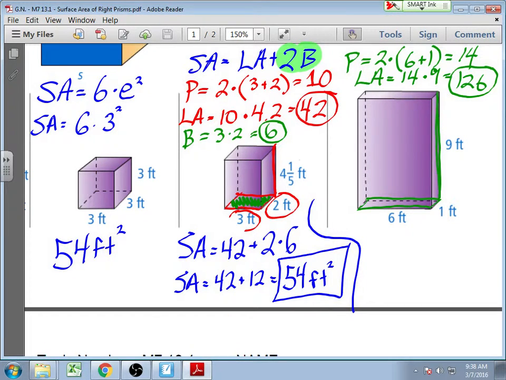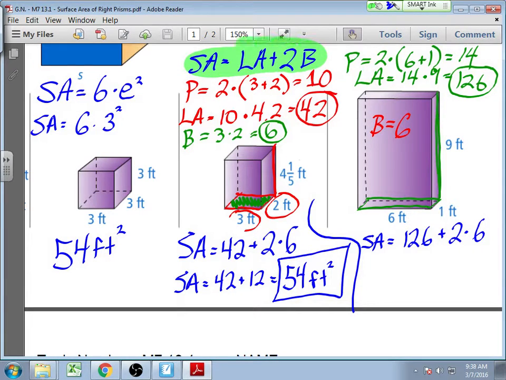What about my big B? I'm just going to go ahead and write in my shape. 6 times 1, so my big B is just 6. I'm going to have to double that eventually. So now down here in my formula, surface area equals the lateral area of 126 plus 2 times the big B. Notice, guys, that I have my needed formula right up here.